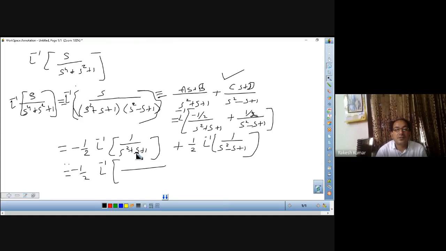The coefficient of s is 1, and half of 1 is 1 by 2, and 1 by 2 square we need to add: s square plus s plus 1 by 4, plus 1, and 1 by 4 has been subtracted.